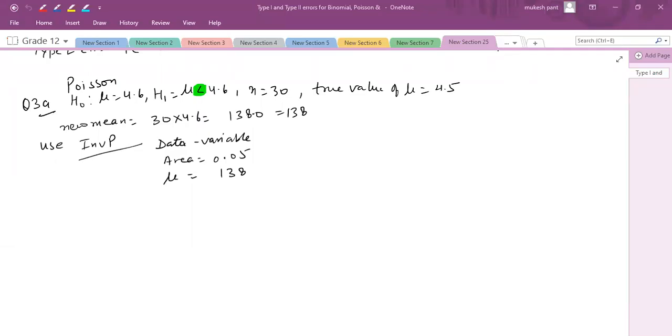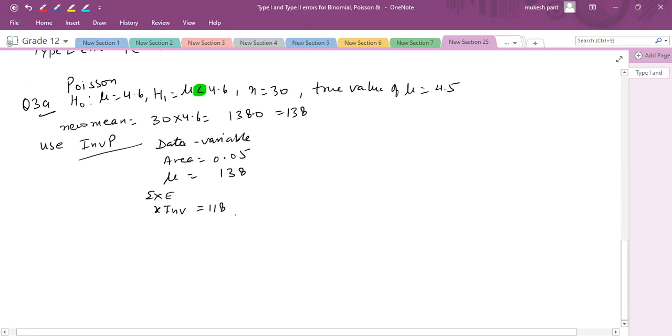When you hit execute, you will get two values on your screen. Area 0.05, x inverse 119; area 0.01, x inverse 118. In this case you can take the area 0.01 because one value will be less than, so directly you can write x inverse equals 118.